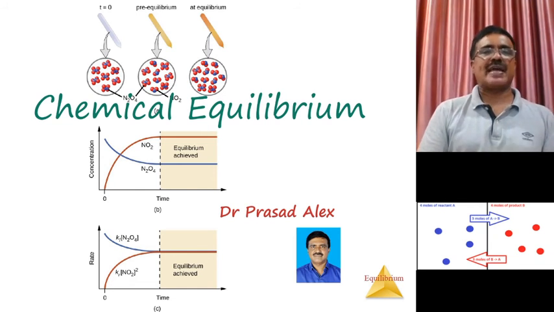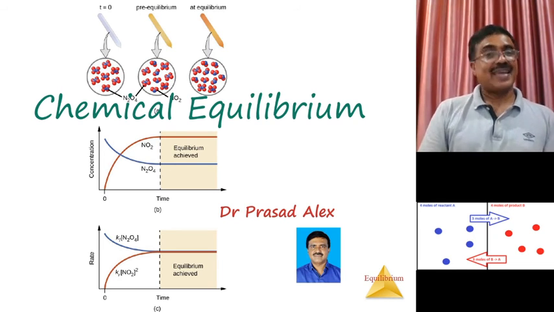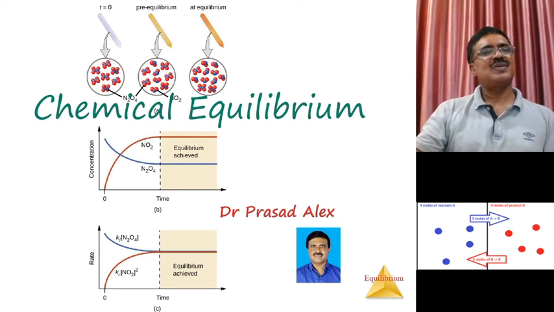Similarly, for mole fraction, a mole fraction is a fraction only. It has no unit, so Kx will not have a unit. But Kn will have a unit. Number of moles is the amount of substance, so the unit will be moles raised to delta n.